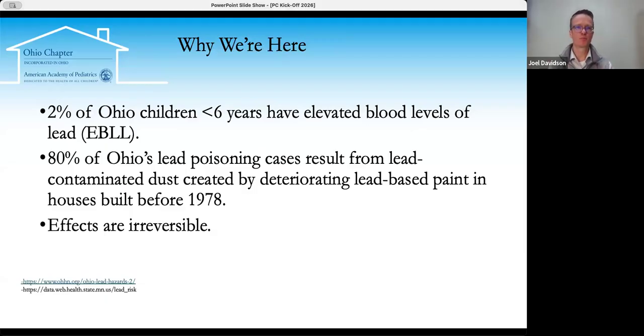There are other sources, but still primarily we are talking about older homes that have lead in the form of paint. The heavy metal of lead has no physiological function and causes irreversible neurocognitive delays and problems in developing children's brains. We do really care mostly about the younger kids because of the impact in brain development at that age.